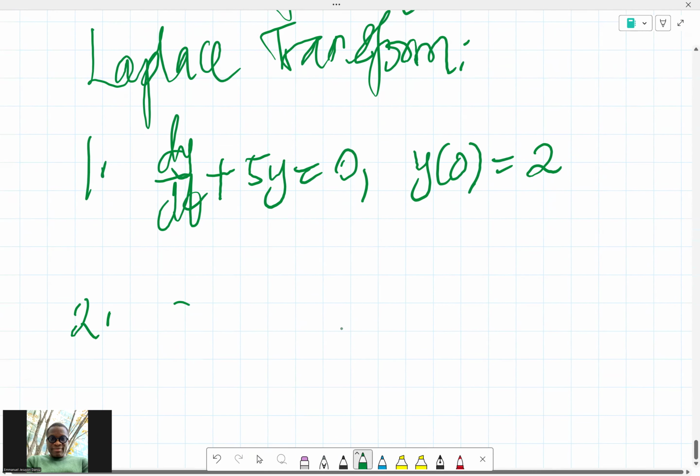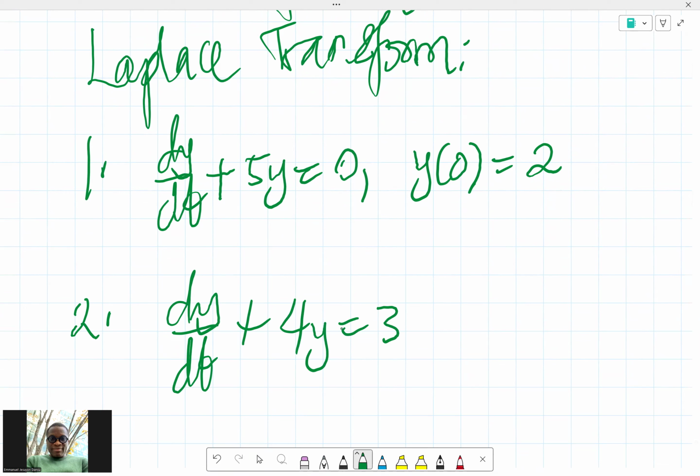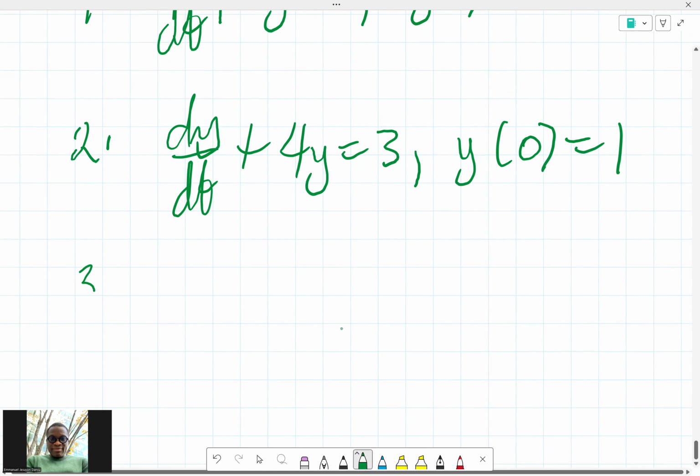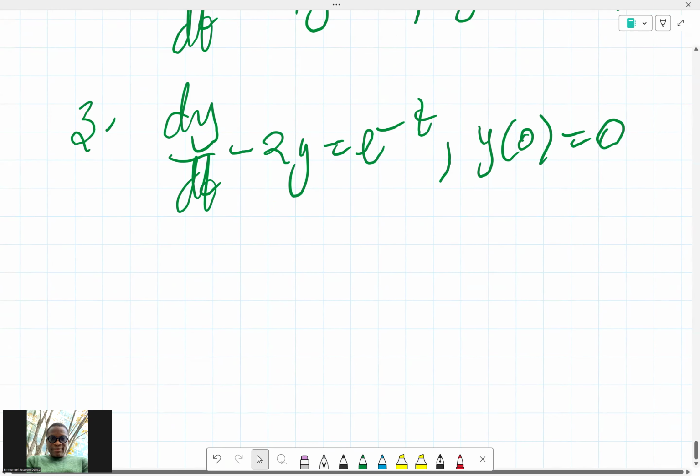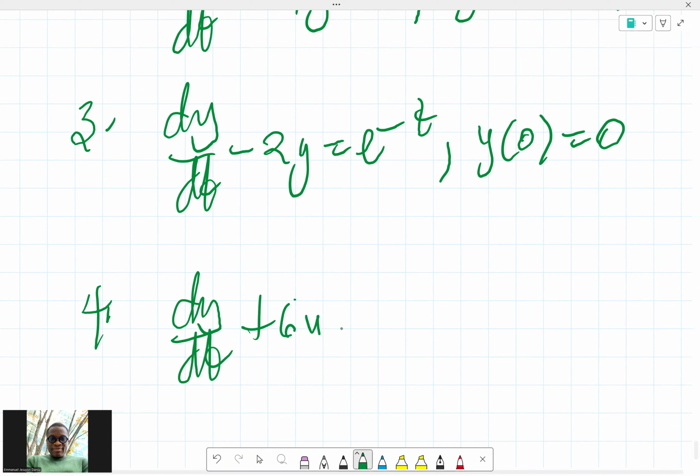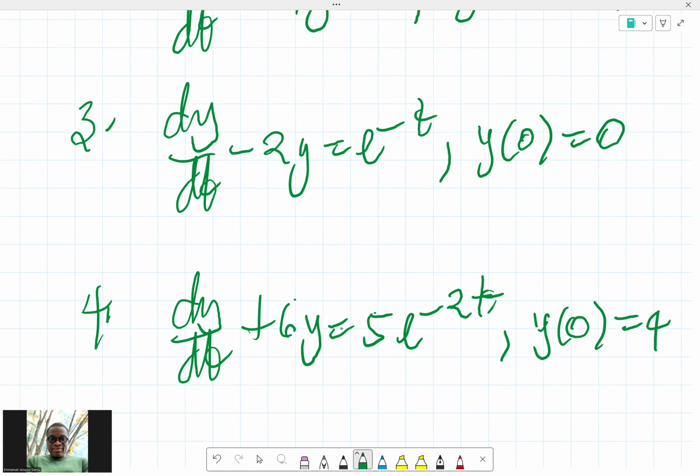Number 2, dy/dt plus 4y equals 3, y of 0 equals 1. Number 3, dy/dt minus 2y equals e raised to power minus t, y of 0 equals 0. Number 4, dy/dt plus 6y equals 5 e raised to power minus 2t, y of 0 equals 4.